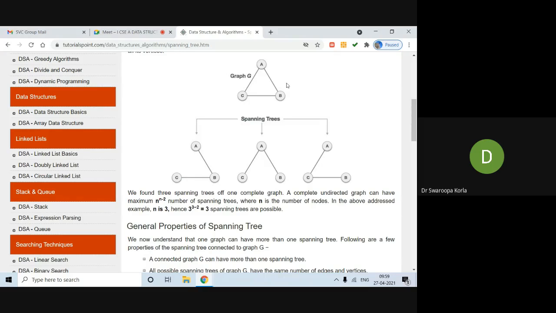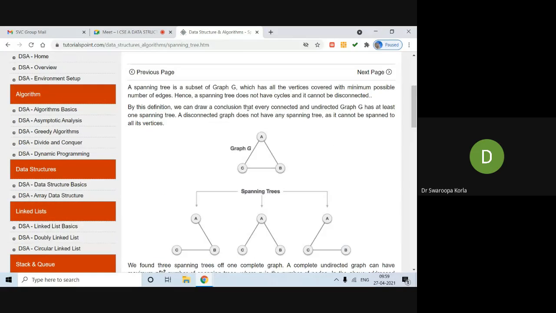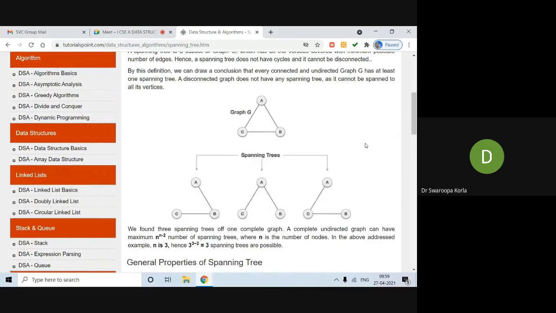When you are constructing a spanning tree, we have discussed just now the important rule is a spanning tree does not have cycles. So what should we do? We can break this cycle. What is a cycle? This is a loop, a closed area. A to B, B to C, and back from C to A. You are connecting, which means it is a closed area.